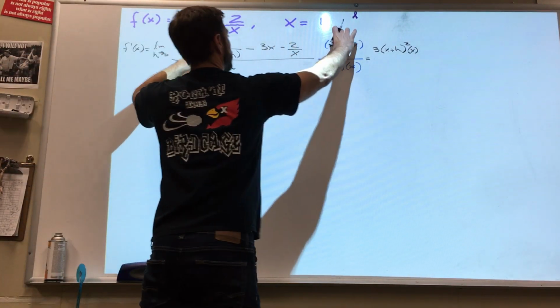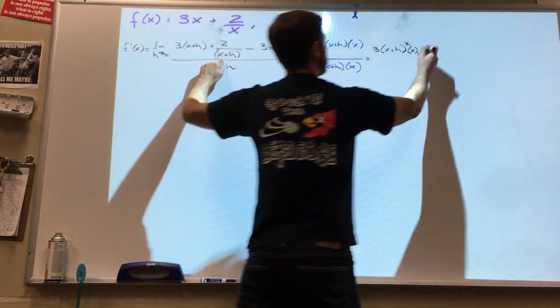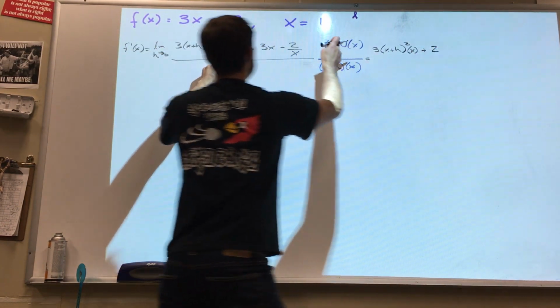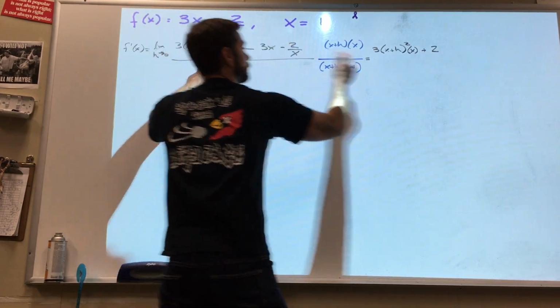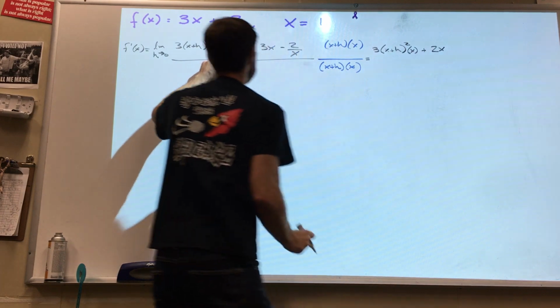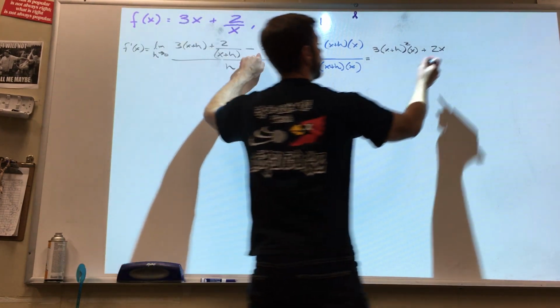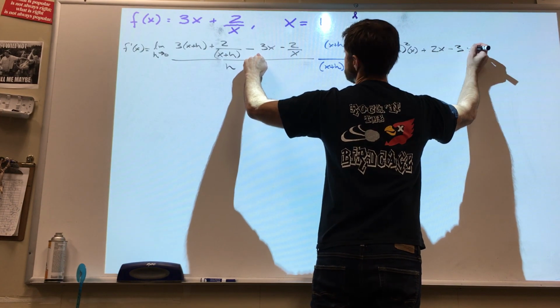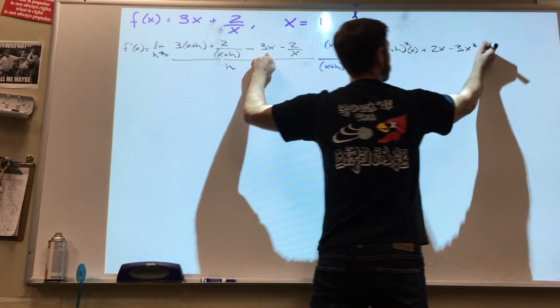Then, when I multiply the second term, I have 2. The x plus h cancels out, and I'm left with 2 times x. When I multiply the third term, nothing cancels out, so I have a negative 3 times x squared times (x plus h).